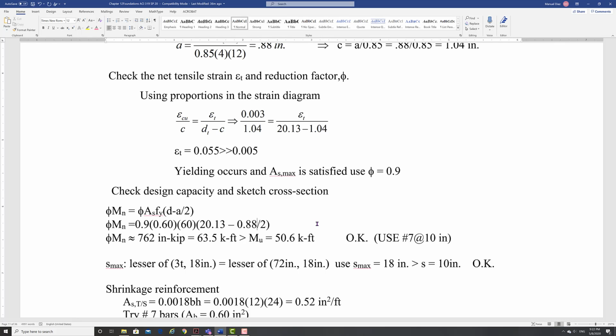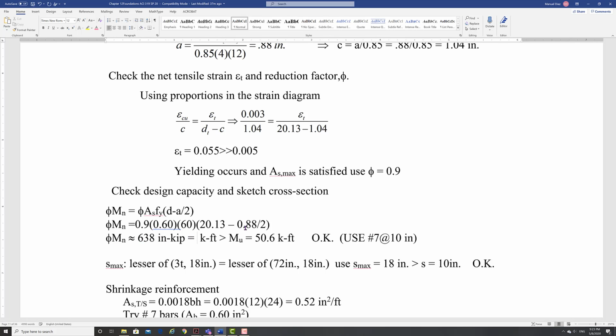Okay, let's see. 20.13 minus 0.88 divided by 2 times 60 times 0.60 times 0.9, and that one is 638 pretty much. 638 we divide now by 12 and we got 53.2, so we're still good.